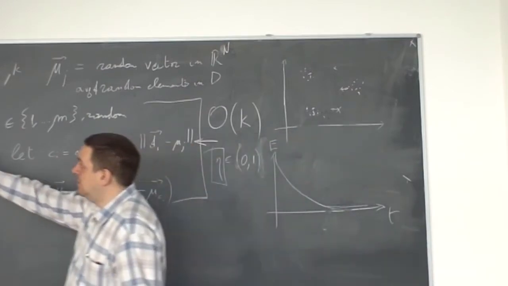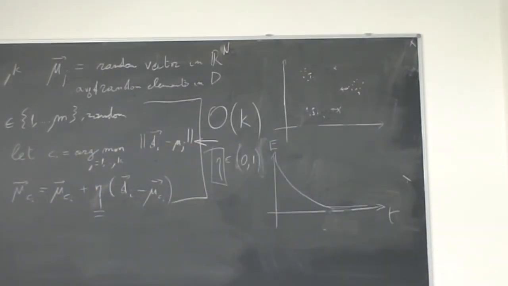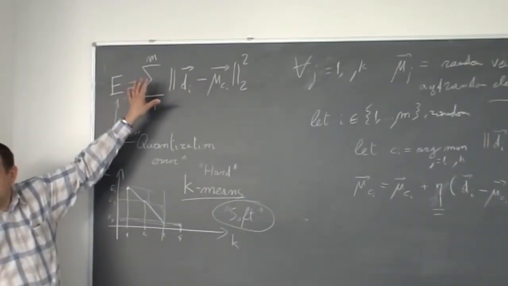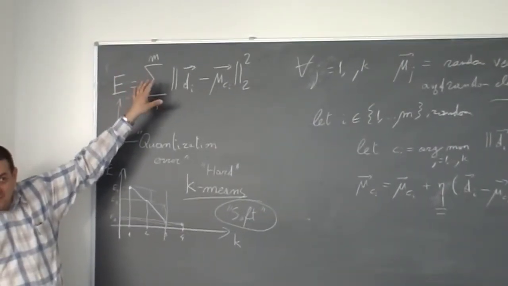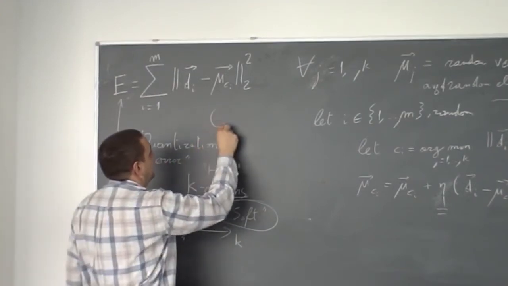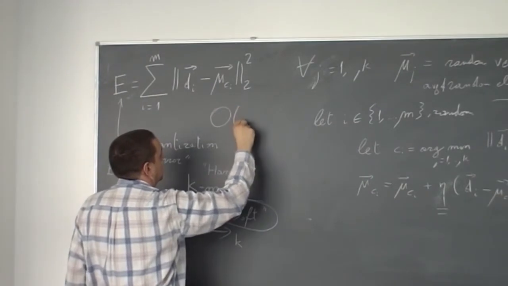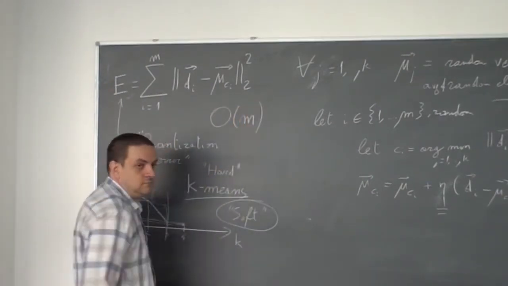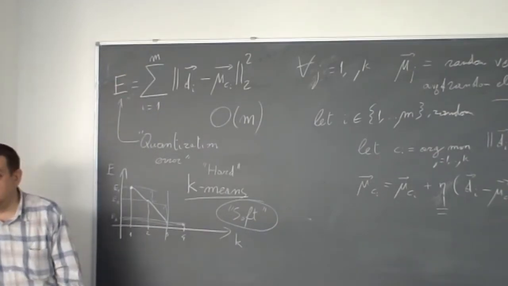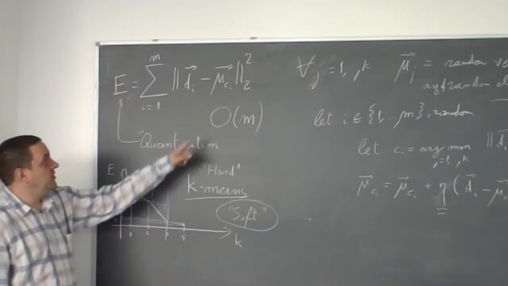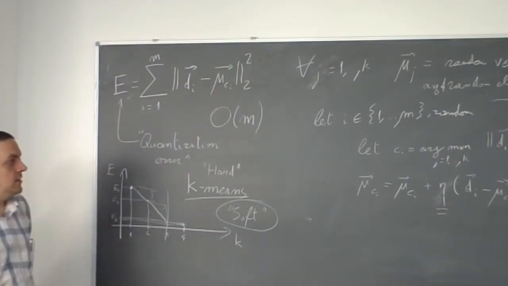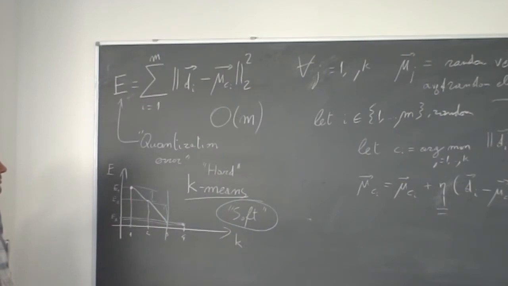While, of course, computing the energy, a physicist would call this energy, the error is at least a big O of m. We have a sum over all m elements, assuming that this is pre-computed, so we know precisely which representative belongs to every document.